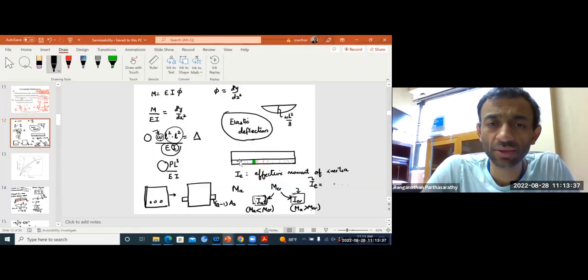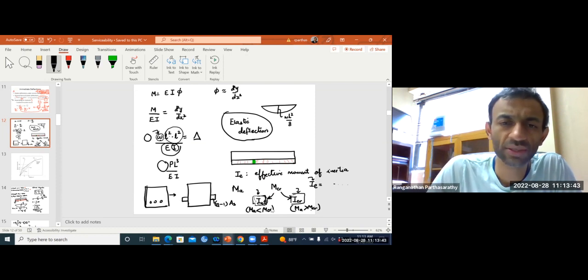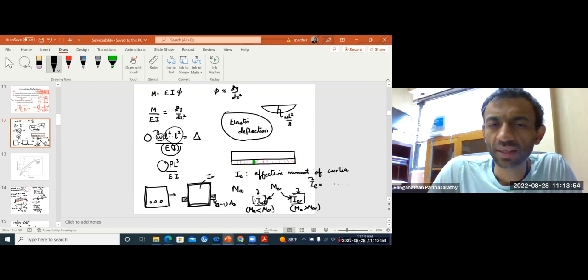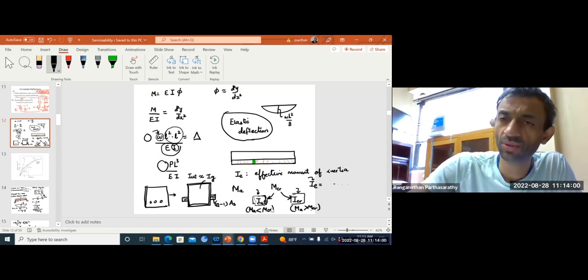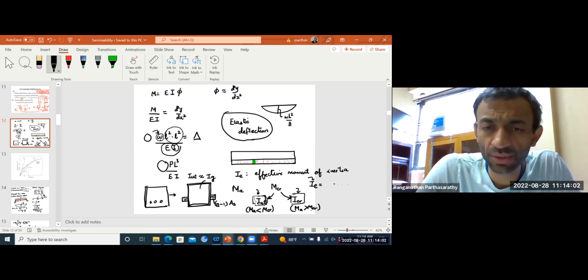Your ACI code specifies that you don't need to calculate uncracked transformed moment of inertia. You can ignore this small contribution from the steel. Just use the gross section to calculate IG. You can take IUT to be approximately IG. So that's what the code is allowing us to do.